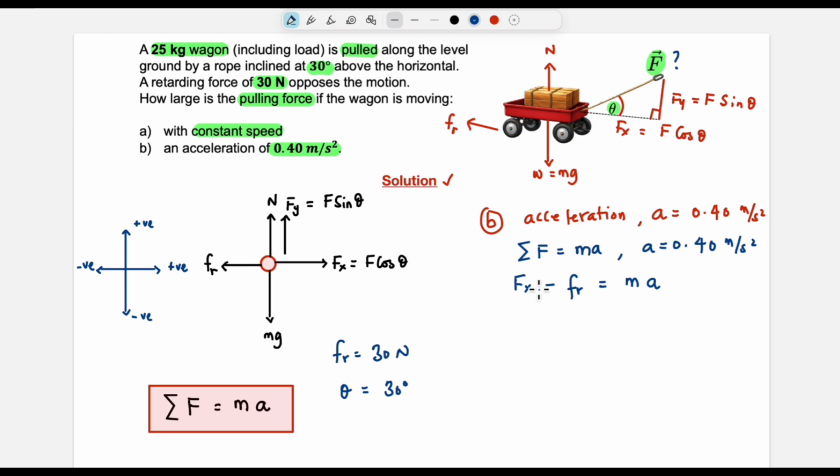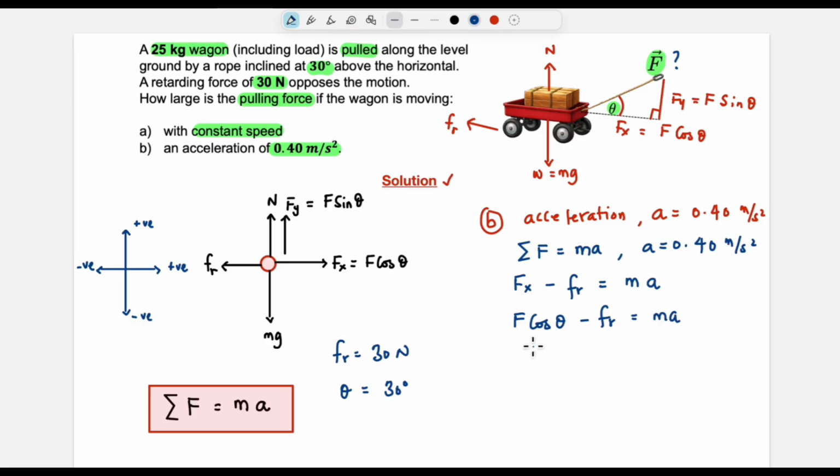Now we can plug in F cosine theta in terms of our Fx. So we have F cosine theta minus Fr equals ma. The goal is to isolate the pulling force, because we want to find the pulling force when the acceleration is 0.40 meters per second squared.